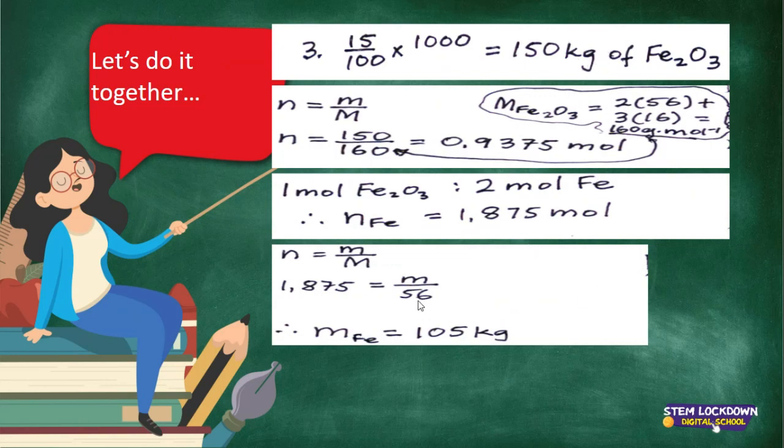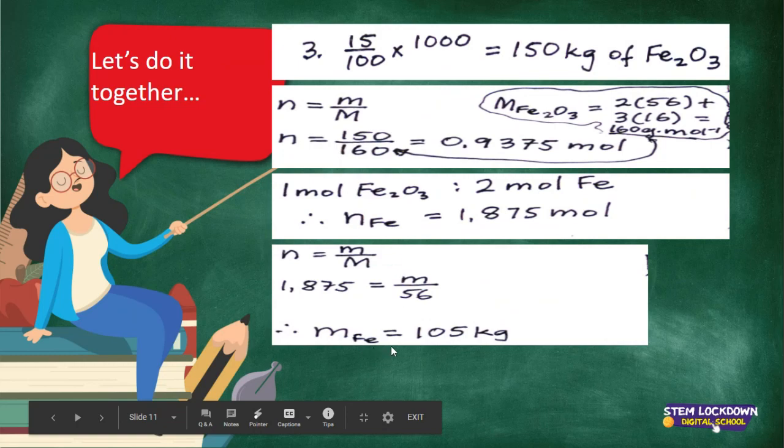Multiply the number of moles by 56, and the mass of iron will be 105 times 10 to the power 3. That will be the mass of iron that will be produced in kilograms.